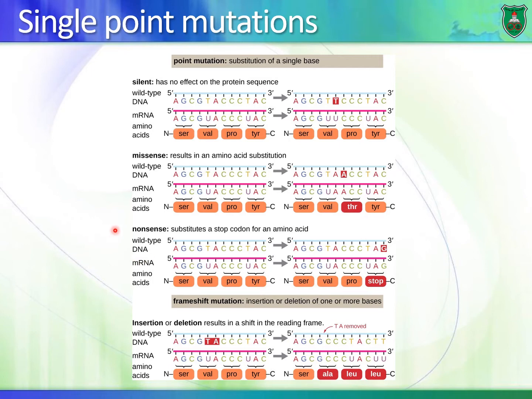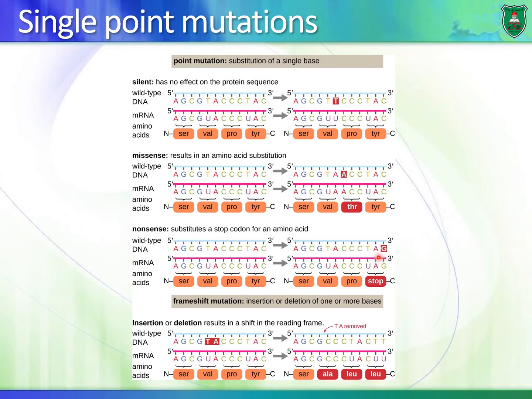Another type of mutation that can take place in DNA, which can affect proteins, is known as a nonsense mutation, meaning that there is no sense, no logic. That's basically when a codon changes from an amino acid coding triplet and you instead create a stop codon.